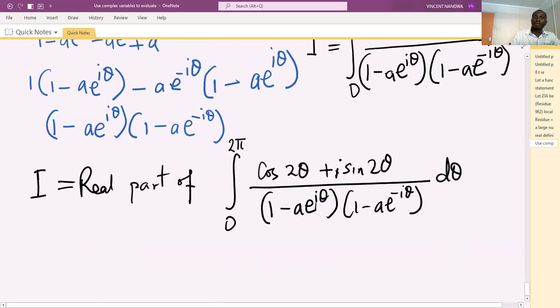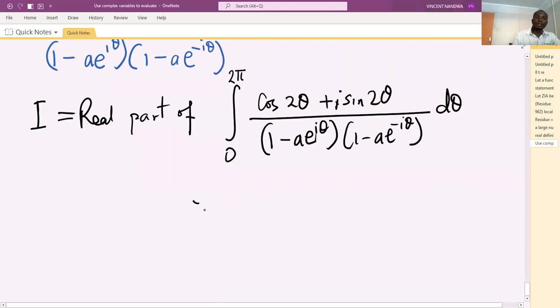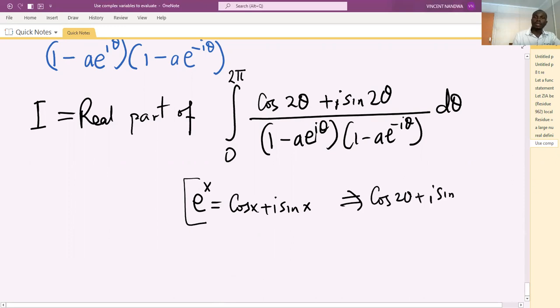And we say from Euler's identity, e raised power x is the same as cosine of x plus i sine x. Which means cos of 2 theta plus i sine of 2 theta is the same as e raised power 2 theta i.